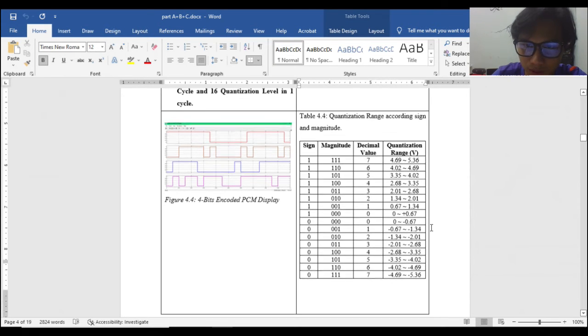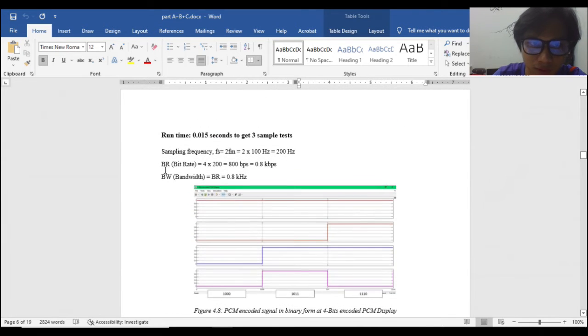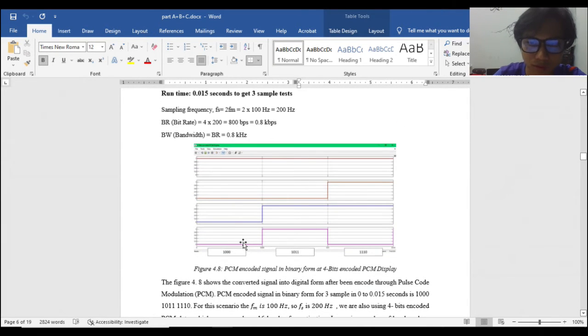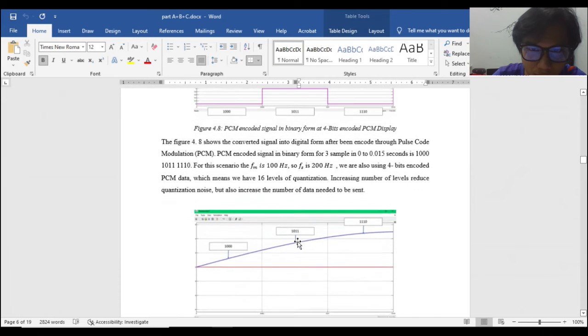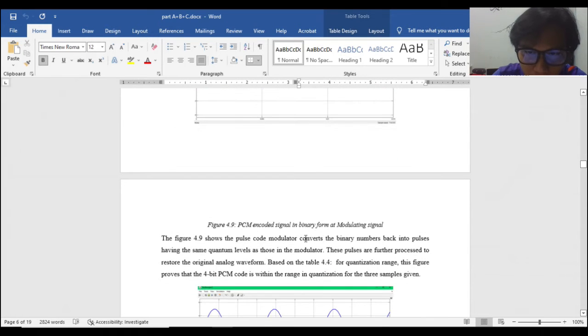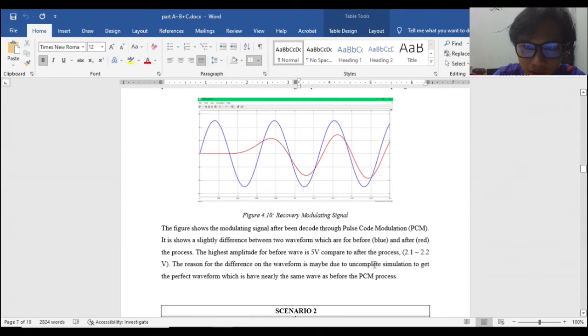Next is what I want to show. This result we discuss, and these two samples we put here. And of course the recovery, as we can see here, the highest amplitude before is 5 volt compared to after, which is 2.1 or 2.2 volt.